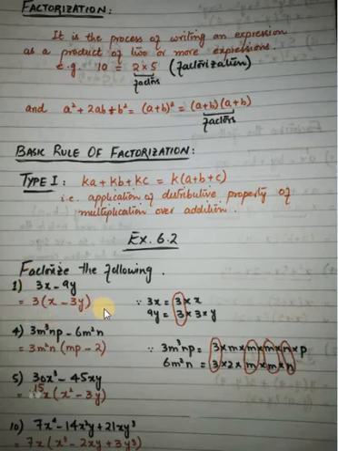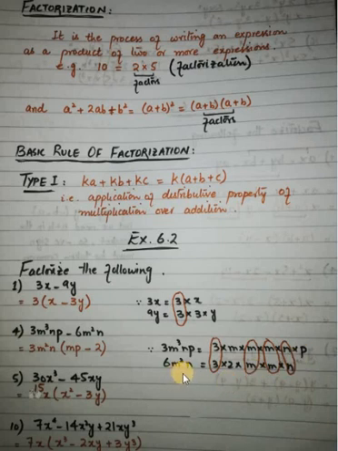Now question number 4 is 3m cube np minus 6m square n. Moving on the same lines, 3m cube np can be written as 3 into m into m into m into n into p.